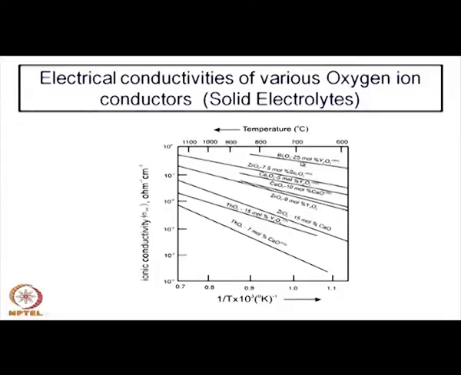While bismuth oxide has a very high conductivity at a fairly low temperature, it is not so stable and it is chemically reactive. So, bismuth oxide is normally not used, although it has a high conductivity. Zirconium oxide with 7.5 mole percent scandium oxide: when you dope Sc2O3 into zirconium dioxide, it produces a very high conductivity.